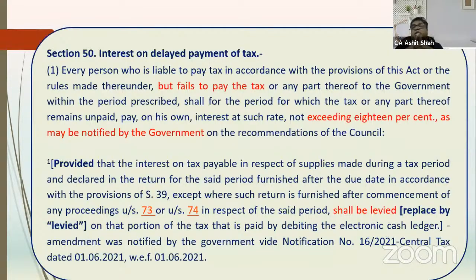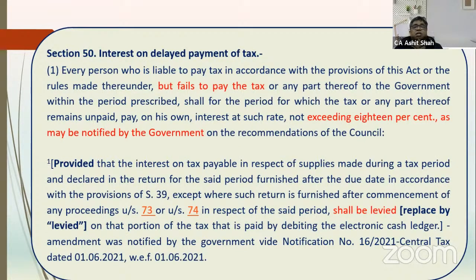Now everyone knows that interest is part and parcel of the taxation system. Whenever there is a delay in making payment of tax, interest is inevitable and everyone has to pay it. Now let's see how the law has been drafted.